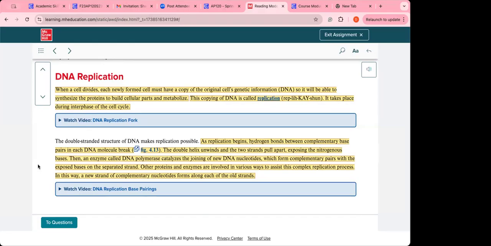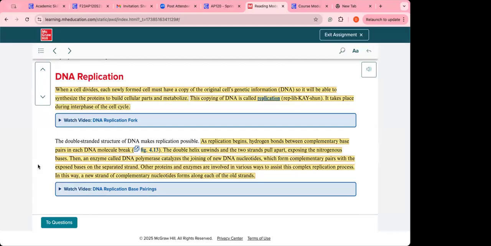The double helix unwinds and the two strands pull apart, exposing the nitrogenous bases. Then, an enzyme called DNA polymerase catalyzes the joining of new DNA nucleotides, which form complementary pairs with the exposed bases on the separated strand.